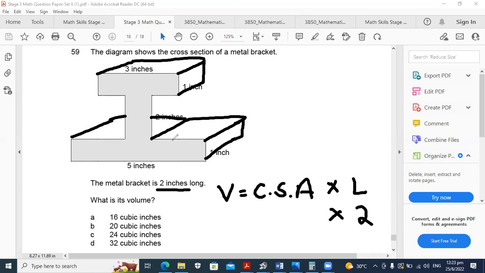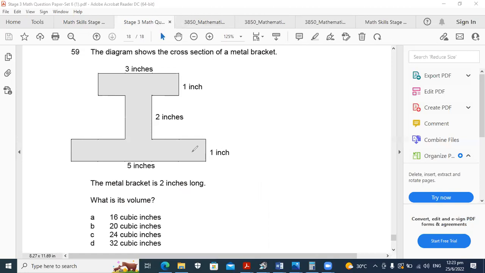So that's how it looks. And this would have been the 2 inches. All right. So what we need to do still is to find the what? The area of this metal bracket and then multiply it by what? By 2. All right. Because the cross-sectional area would have been the area of that figure.